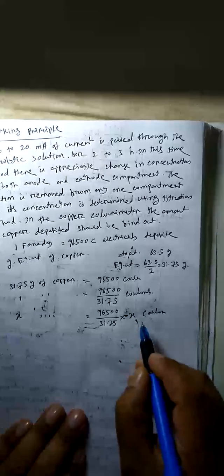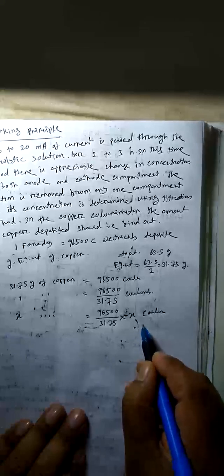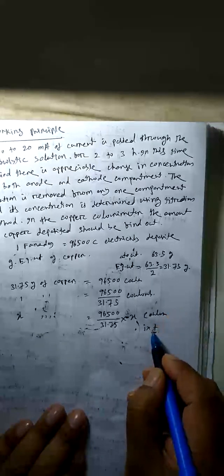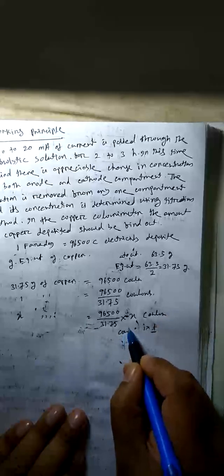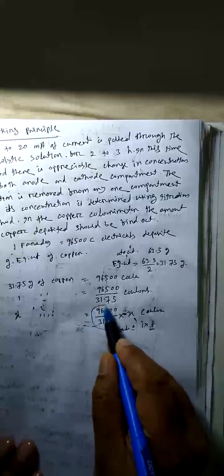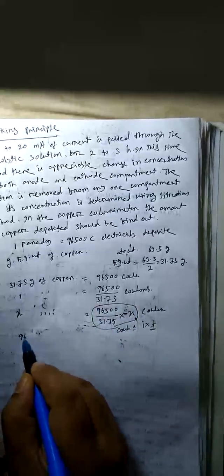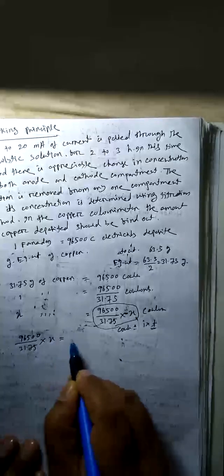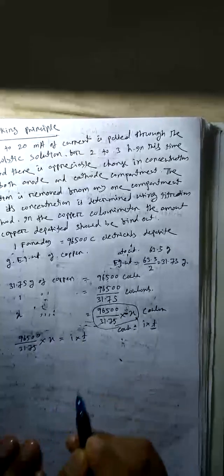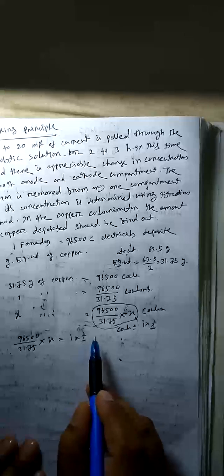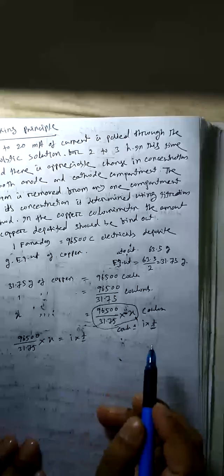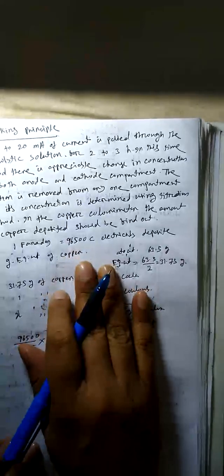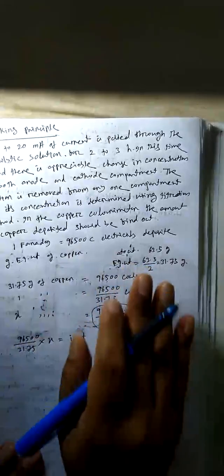Coulomb means Q equals I into T. The time you know, 2 hour or 3 hour, but you convert it into seconds: 3 into 60 to minutes, into 60 to seconds. So 96,500 divided by 31.75 into x is equal to I into T, and dividing you get the amount of current passed. In this way, from the copper coulometer you find out the amount of current passed through the apparatus.